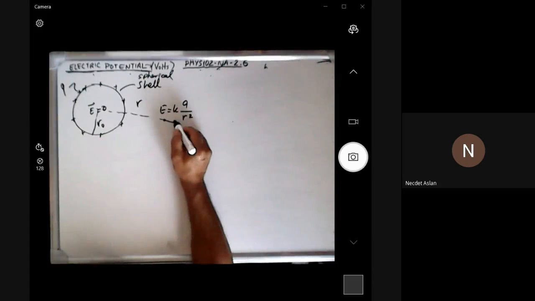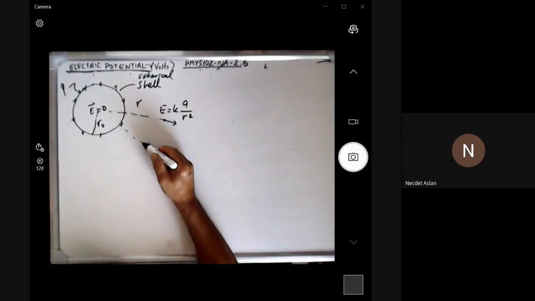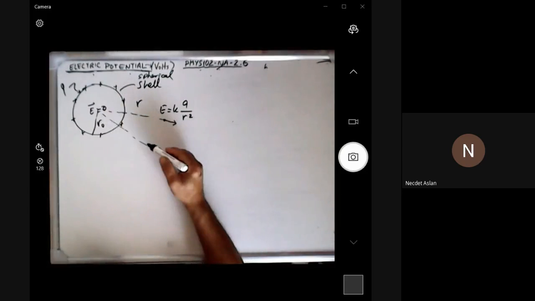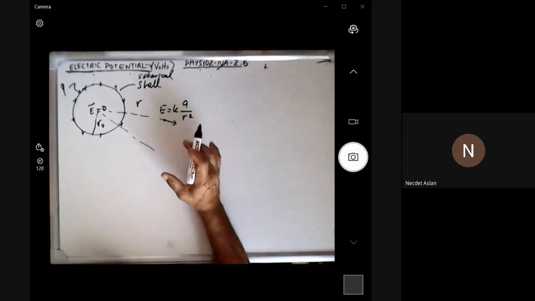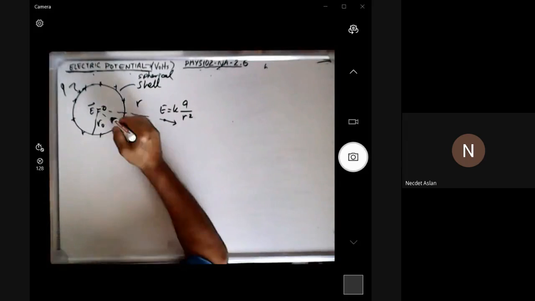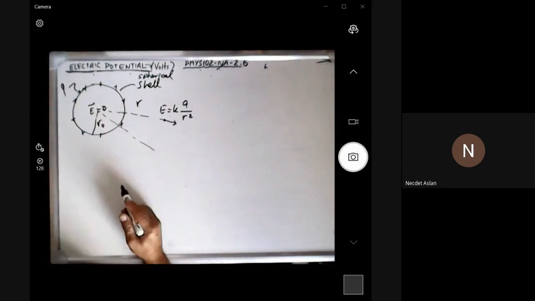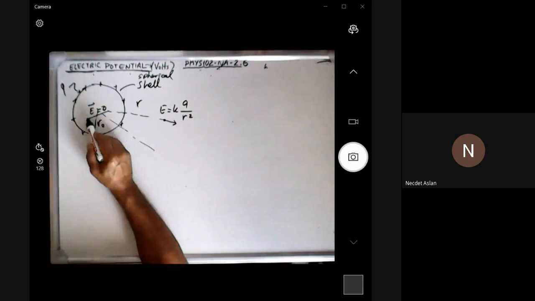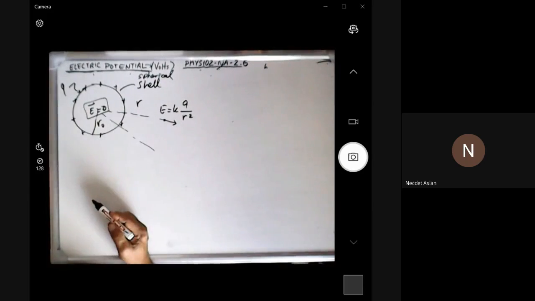The direction is radial outward, just like the point charge, as if the field lines are coming from a point charge in the middle. But in this case, all the charges are on the surface. Inside, the electric field is totally zero, and it acts like a Faraday's cage.